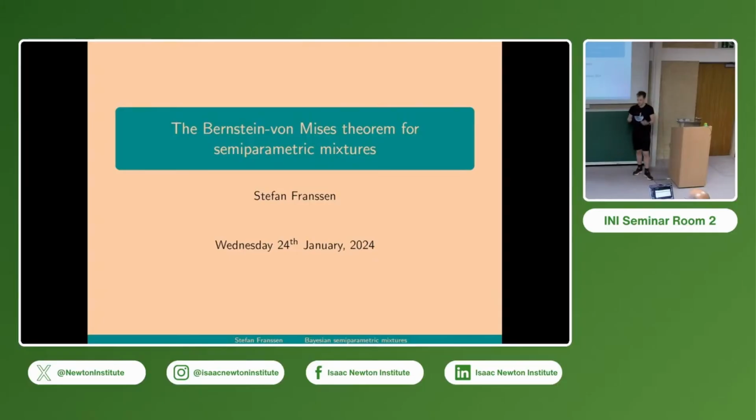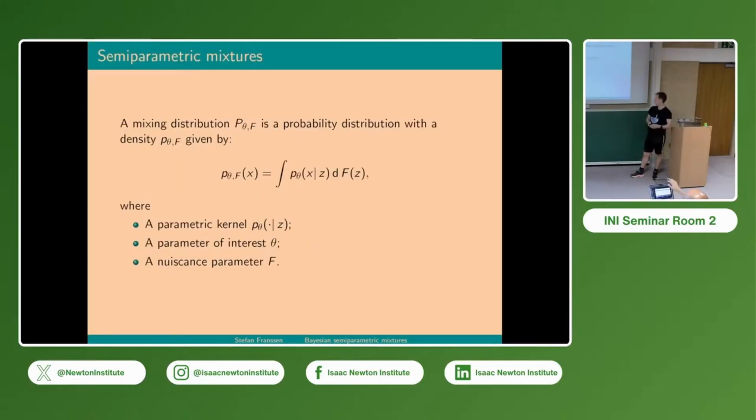So what are semiparametric mixture models? A mixture model is a model where you have some latent variable that you do not observe. Let's call that Z. A semiparametric mixture model is basically the idea: we have some parametric model that we want to estimate, but we do not get to observe all the random variables.